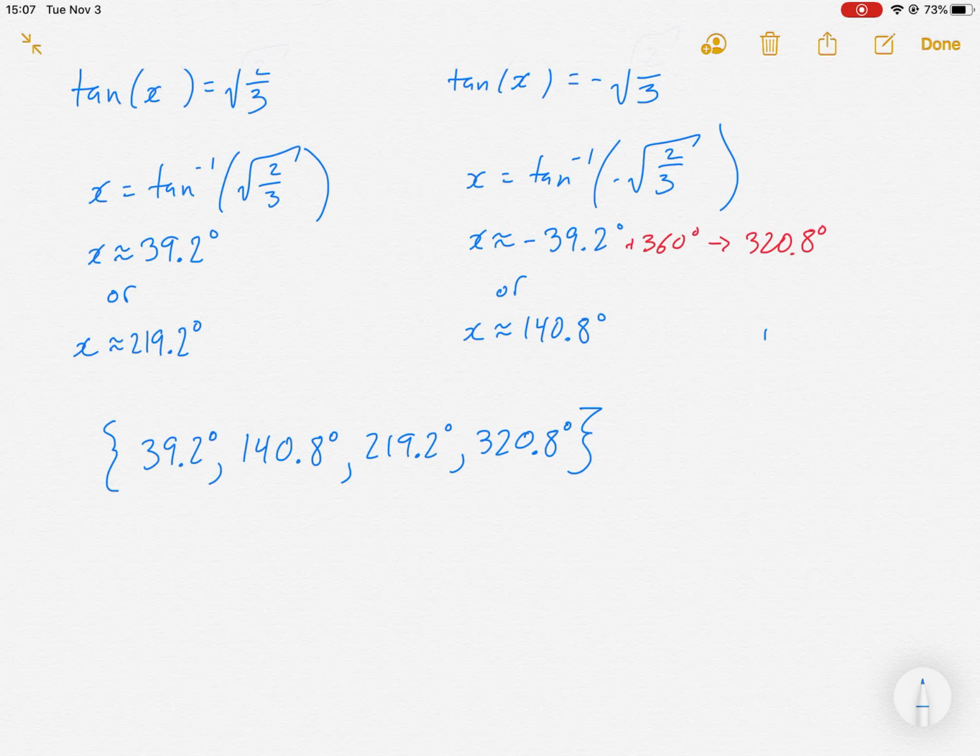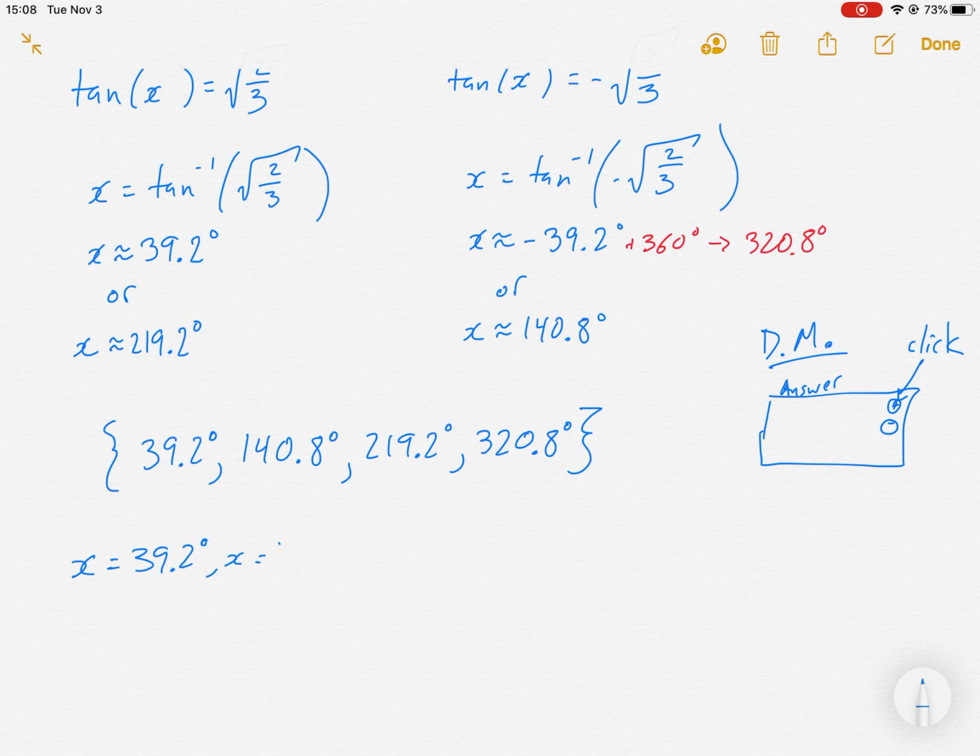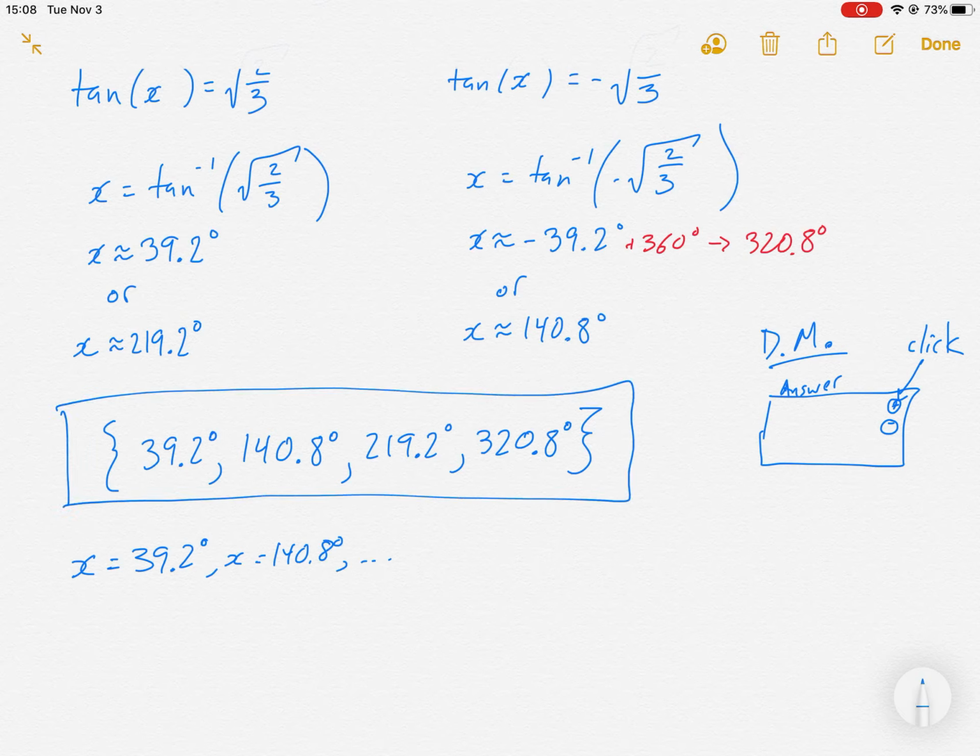As a quick reminder, if you're working on Delta Math, you have your answer box, and you have a little plus and a little minus symbol. You need to click the plus symbol in order to add multiple solutions. So this is one way to write it, or you could just write x equals 39.2, x equals and so on, how we've been writing it. Either way is fine. But those are the answers.